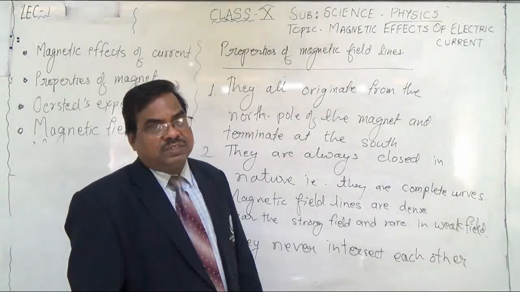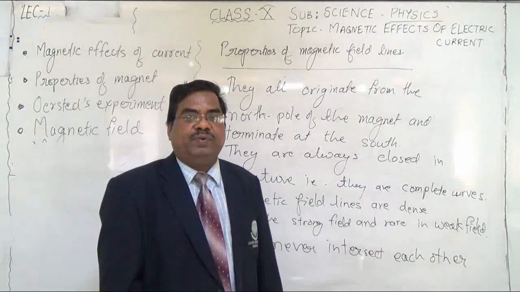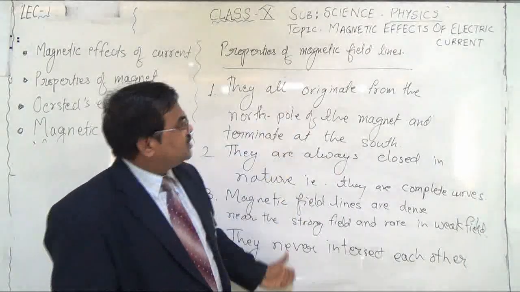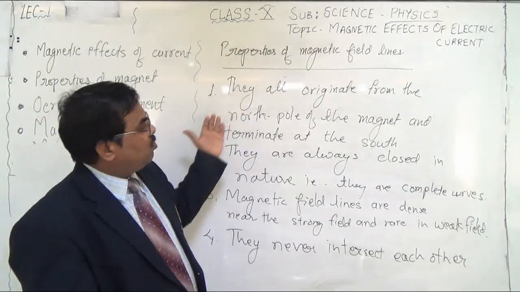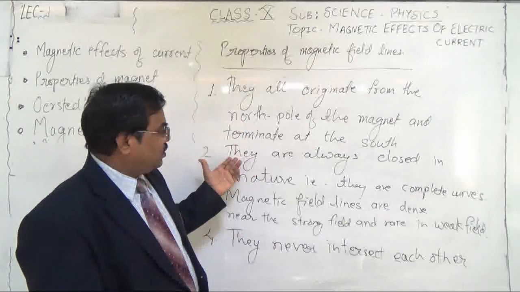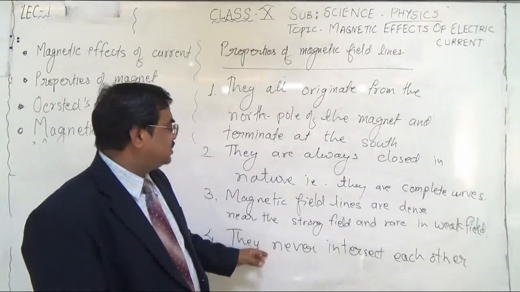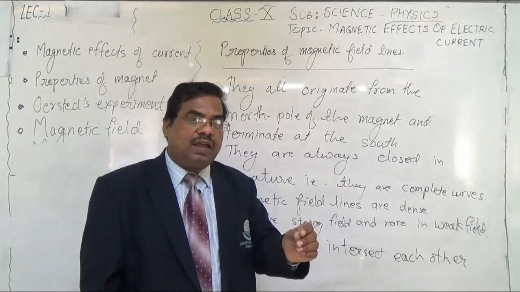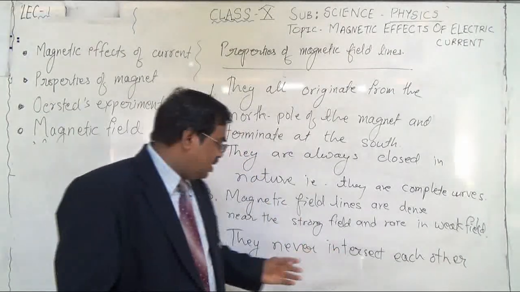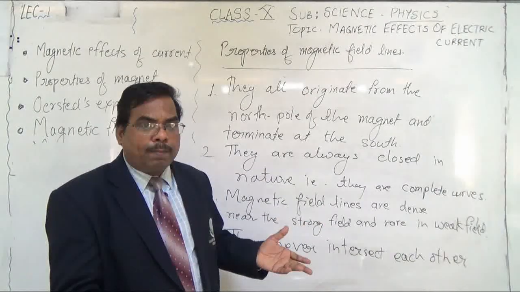Magnetic field lines give the shape of the magnetic field, and these are their properties. They always go from north to south. They are closed, they never intersect, and wherever they are dense, the field is strong. Wherever they are rarer and scattered, it is a weak field.